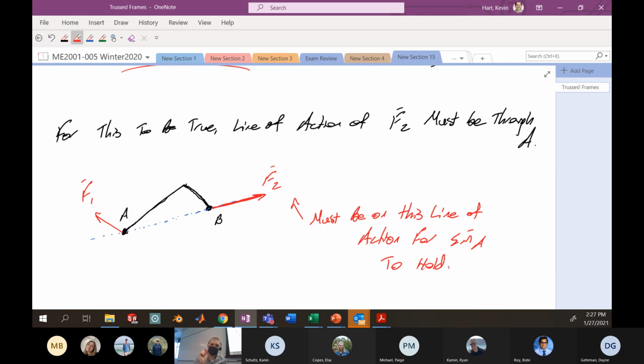Also, if I'm going to enforce not just moment equilibrium but force equilibrium, I have another restriction here on my piece.